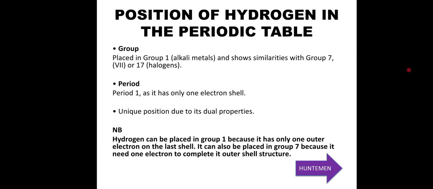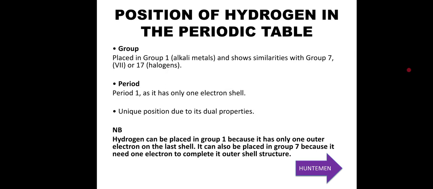All right. So what's the condition for placing hydrogen in group 1? The condition is that it carries one electron on the only shell, and all elements in group 1 have one electron on the last shell, including hydrogen.